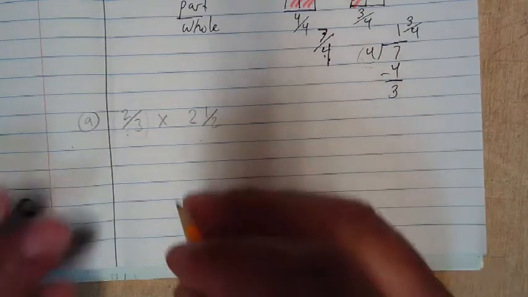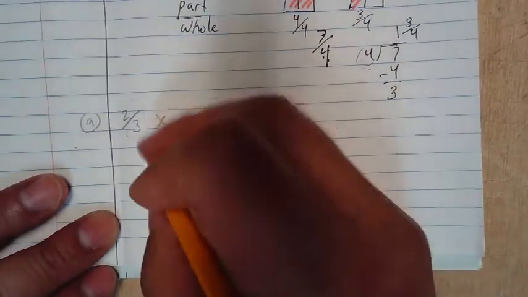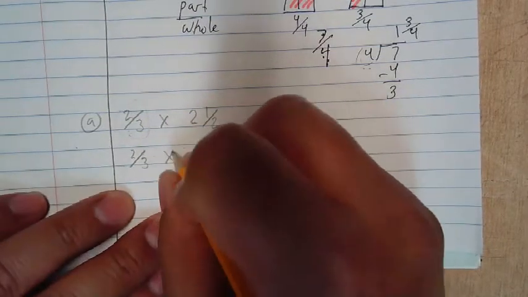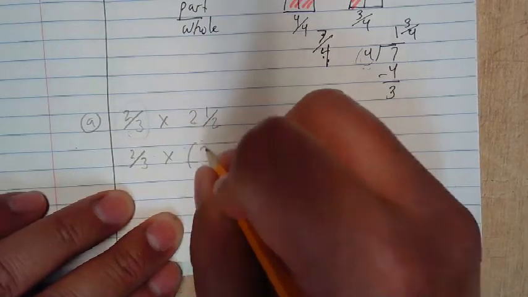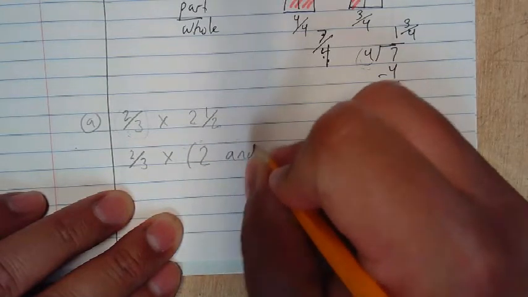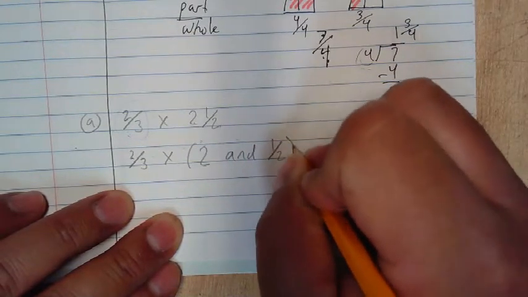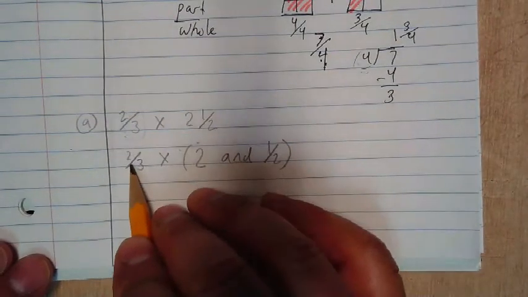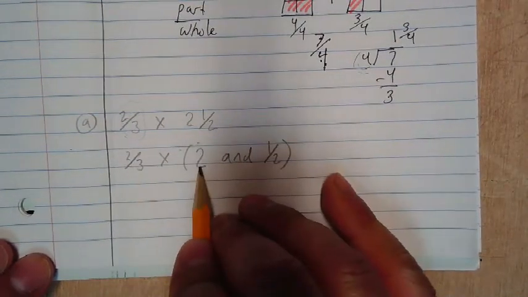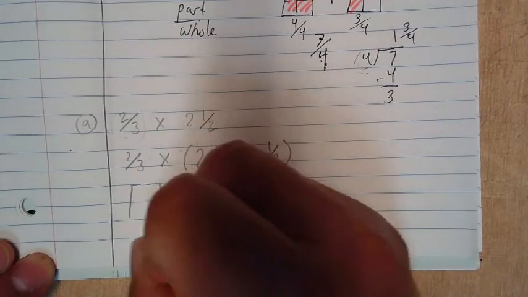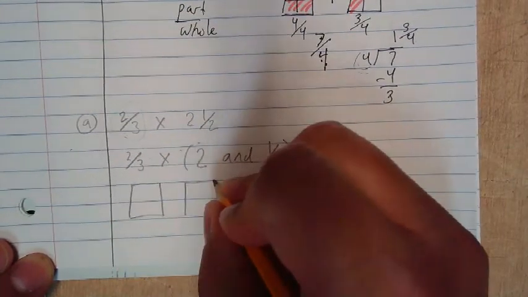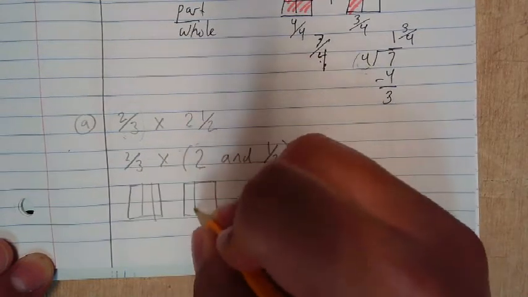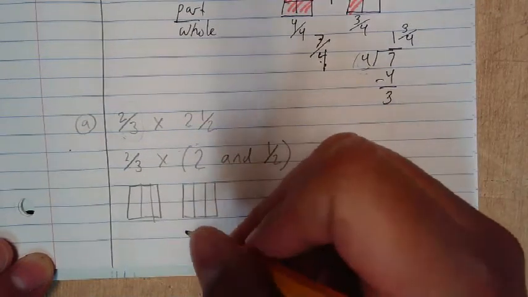So let's see if we can do this. I'm going to rewrite it just a little bit: 2/3 times 2 and a half. I want 2/3 twice. Ideally all the pieces would be equal, but unless you get a ruler and are really specific, it'll take a while.